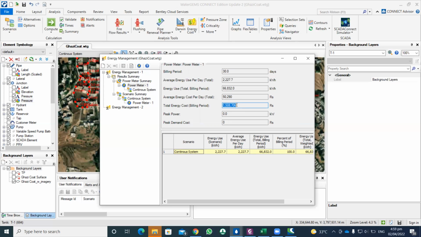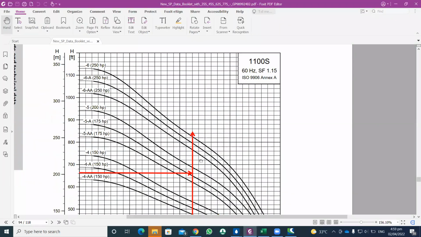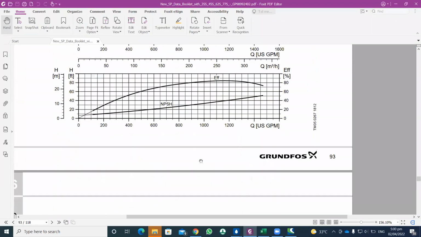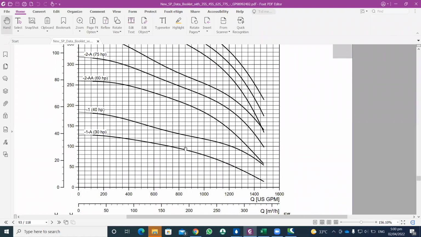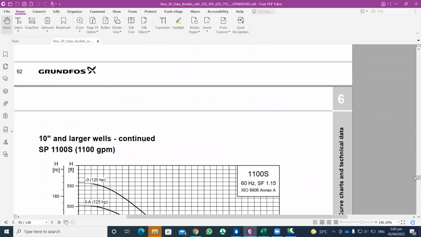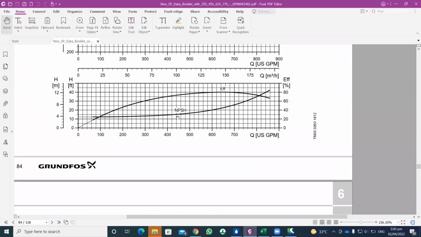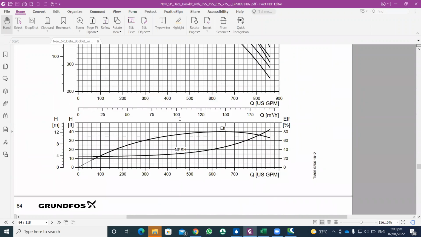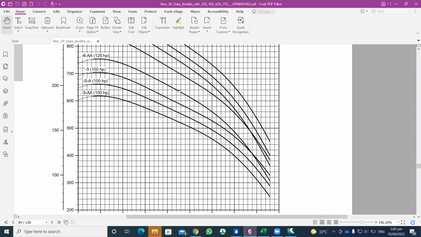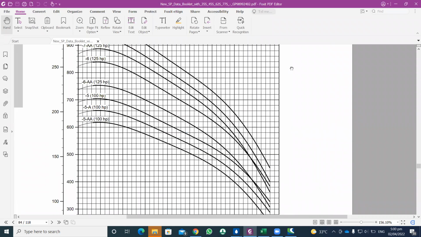There are a lot of curves here you can use and select a pump of such value. For example, if you want to fulfill the demand of 800 gallons per minute, then you can use two pumps of 400 gallons per minute to fulfill the demand of a water supply network.